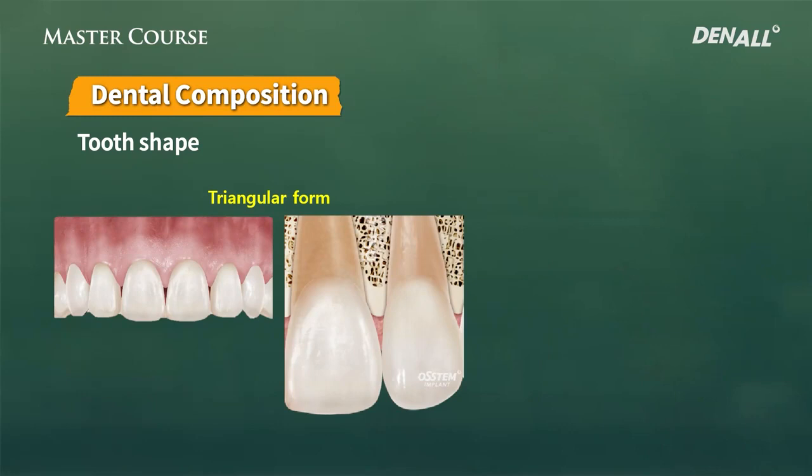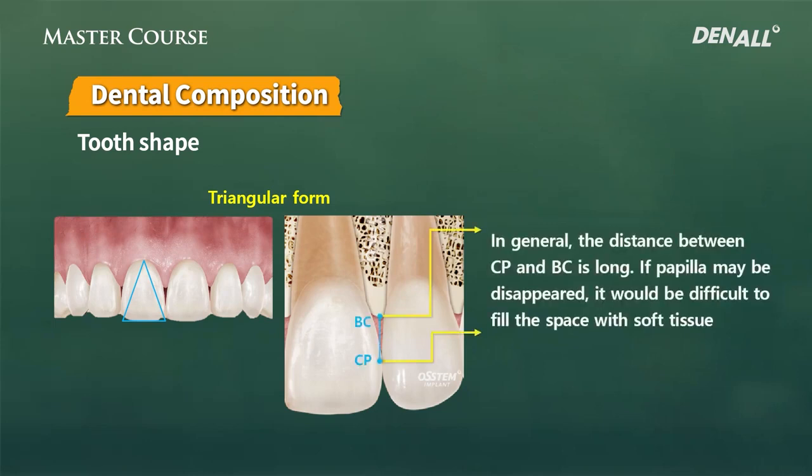First, in terms of the form, if the teeth are in triangular form, its characteristic is that in general the distance between the contact point and bone crest is long. If the papilla has disappeared, it would be very difficult to fill the gap or the space with soft tissue.